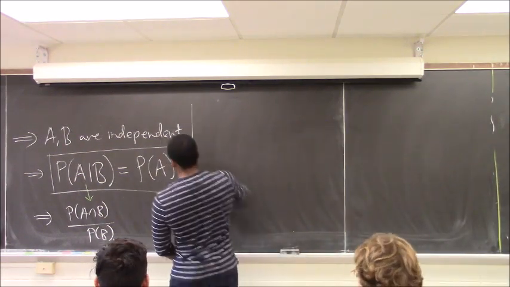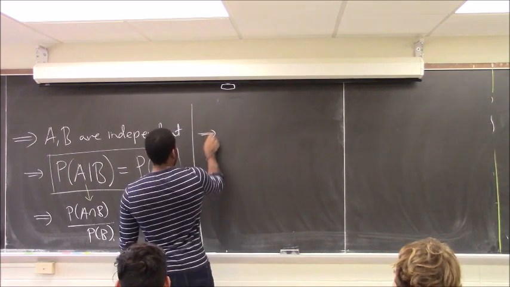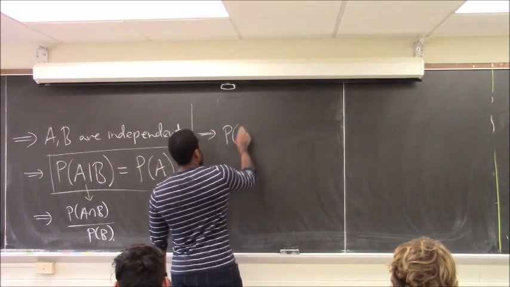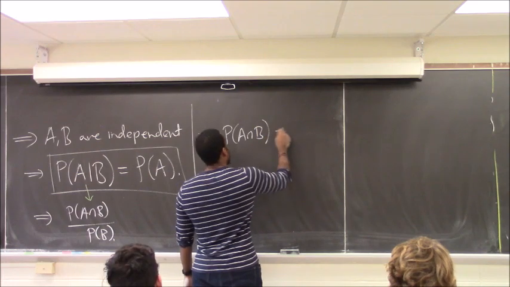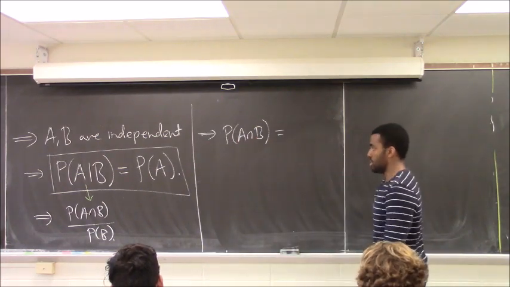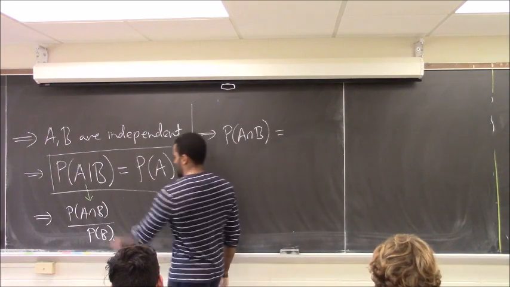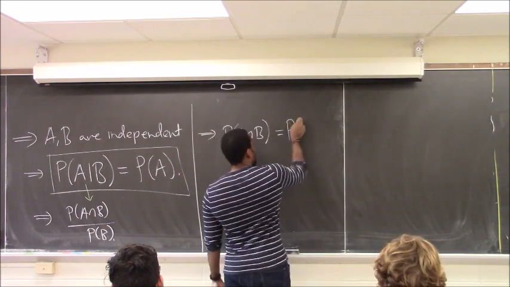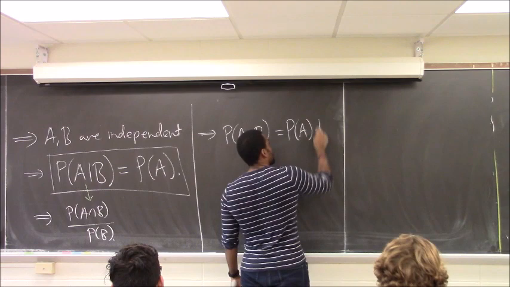This means that the probability of A and B, if I were to solve that in the equation, what would I get? Just multiply them. So I get the probability of A times the probability of B.